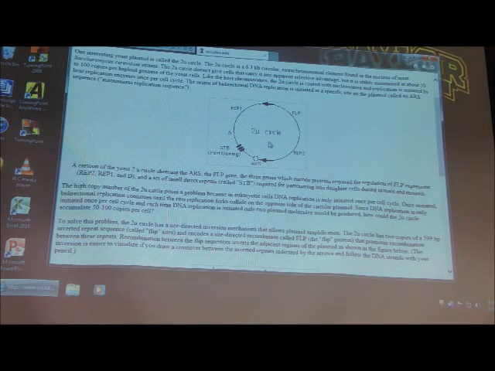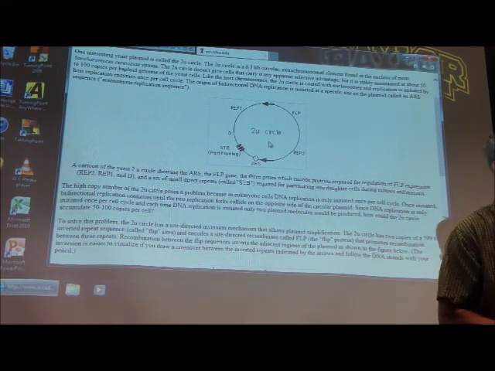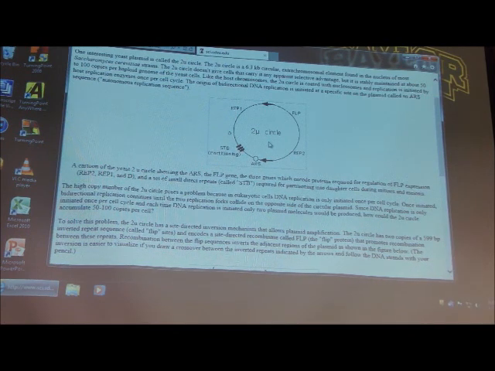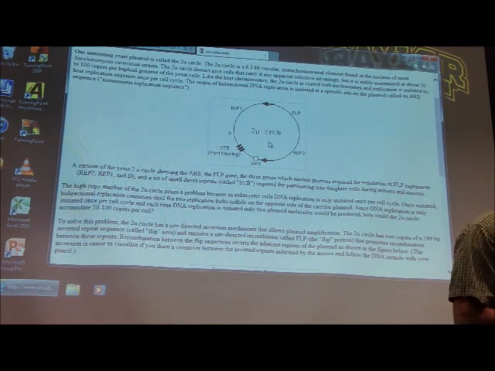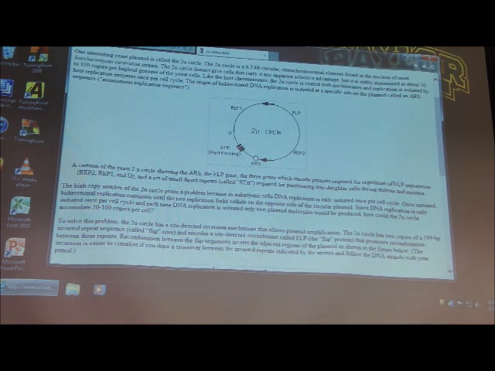This thing replicates just like a plasmid in eukaryotes. Now, plasmids generally replicate by bidirectional replication. So you start off with the replication bubble, and you have the whole circle.